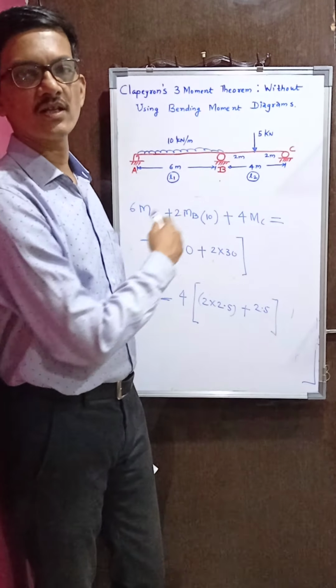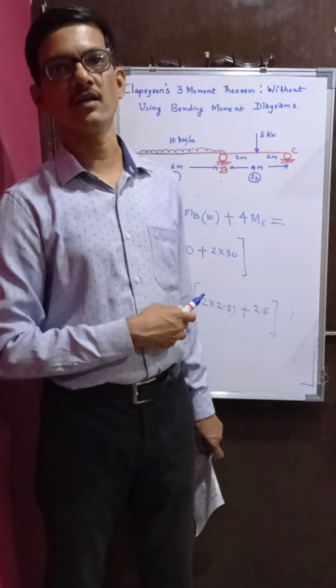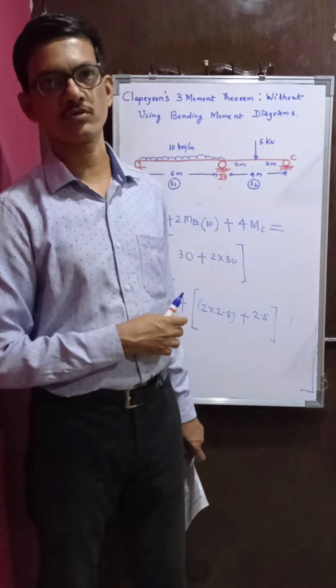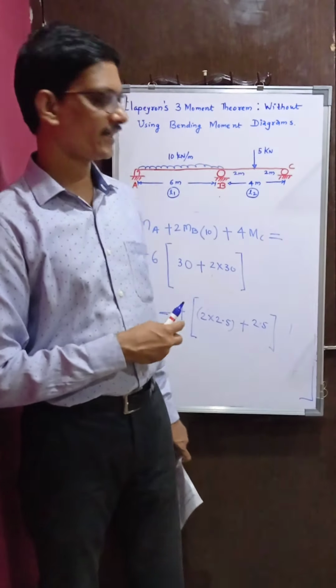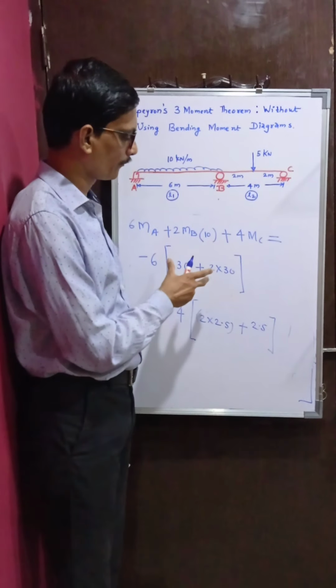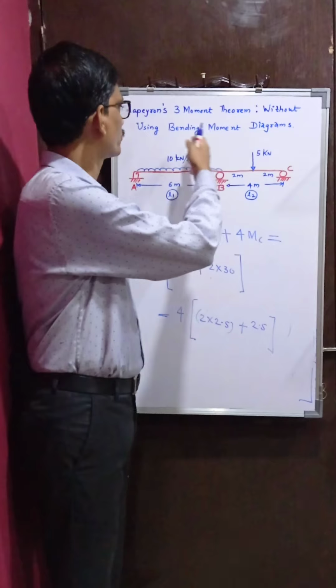So this equation can be derived from fundamentals by using the slope deflection equation approach, but that I will cover maybe in my next video. Here directly I have used that input to demonstrate to the students that we don't have to use the bending moment diagram.